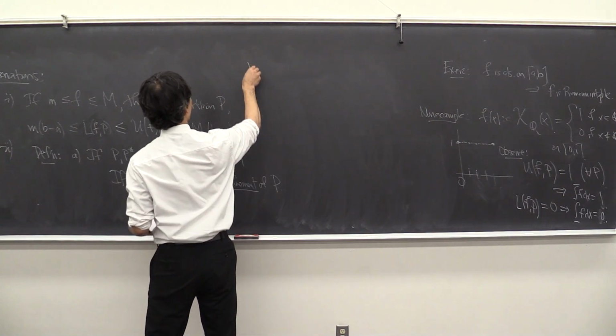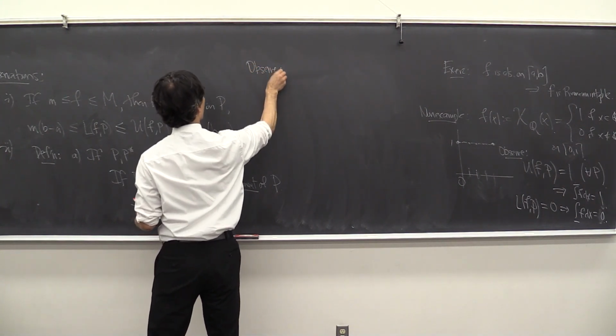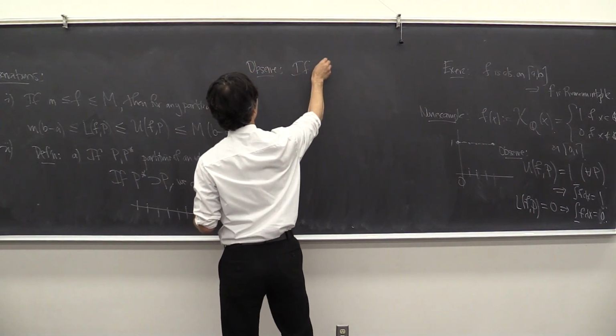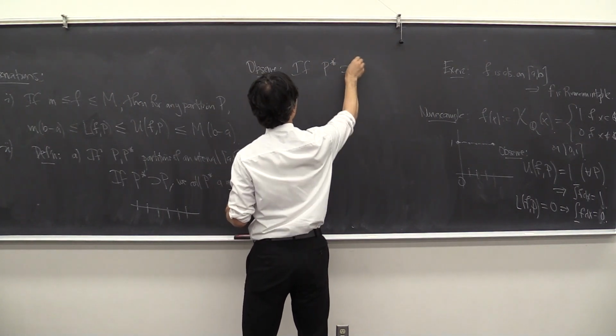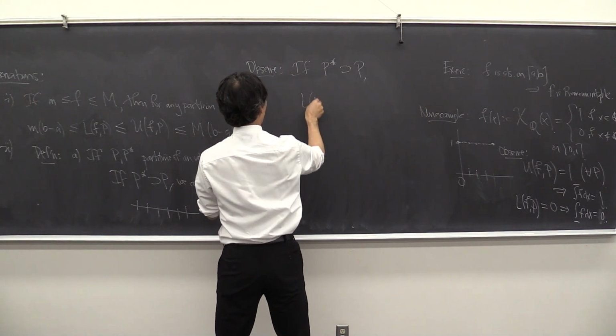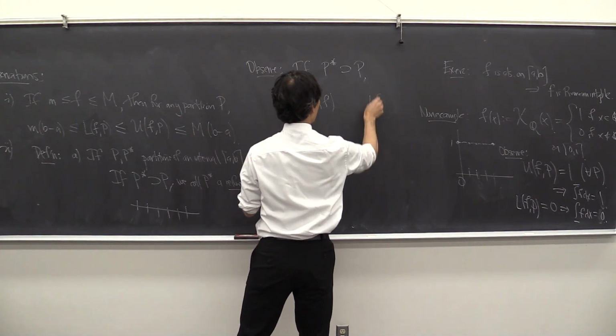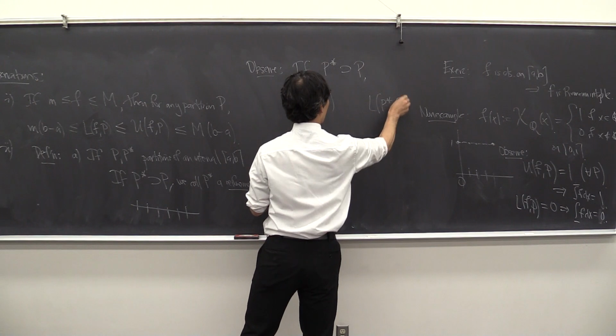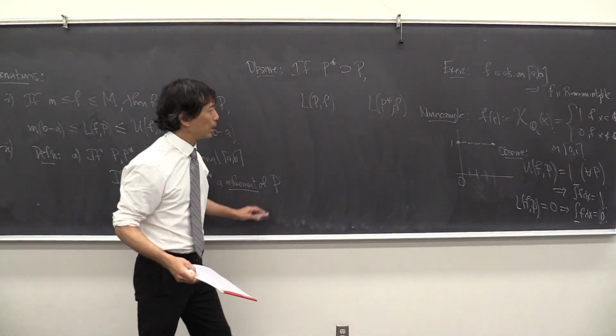So observe, if P prime is a refinement of P, then what can you say about the relationship between the lower sums? This is actually what we said earlier.